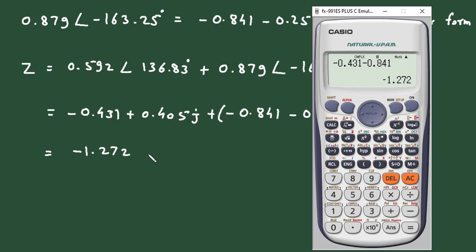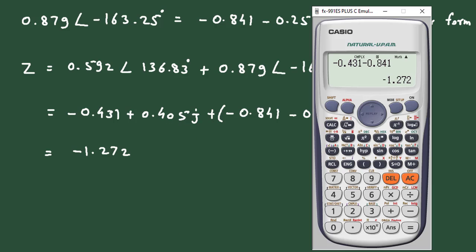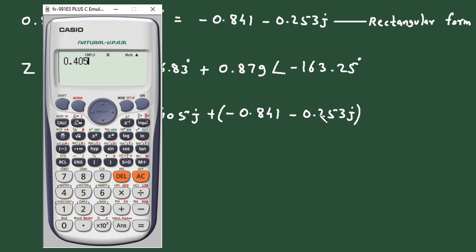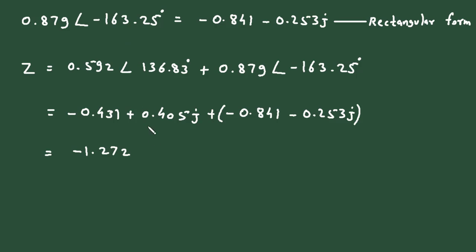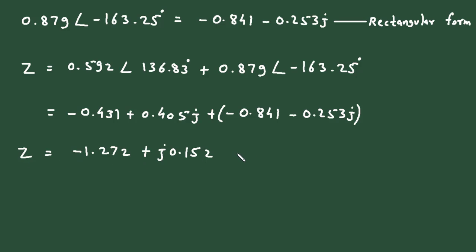Then the imaginary parts are 0.405 minus 0.253, so it is 0.152. We keep the j as it is. So this is the answer for z in rectangular form.